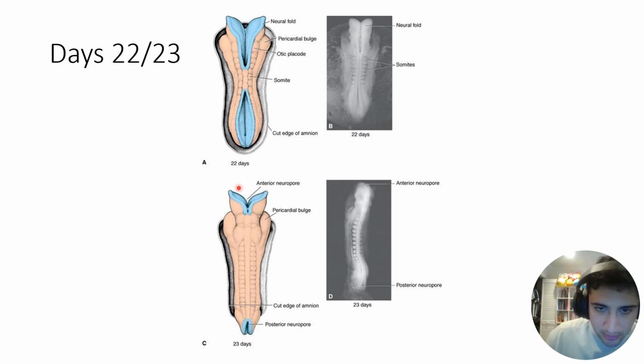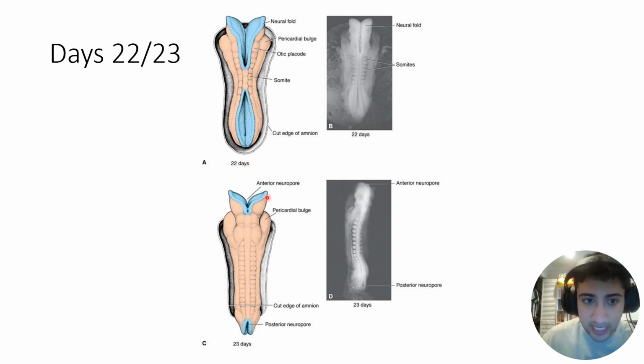It proceeds until you have only 2 areas that are still open, the anterior neuropore and the posterior neuropore. This needs to close, but this is where the brain is going to need to develop. This is going to close, and the brain vesicles are going to develop in here. Down here is the posterior neuropore. This needs to close.